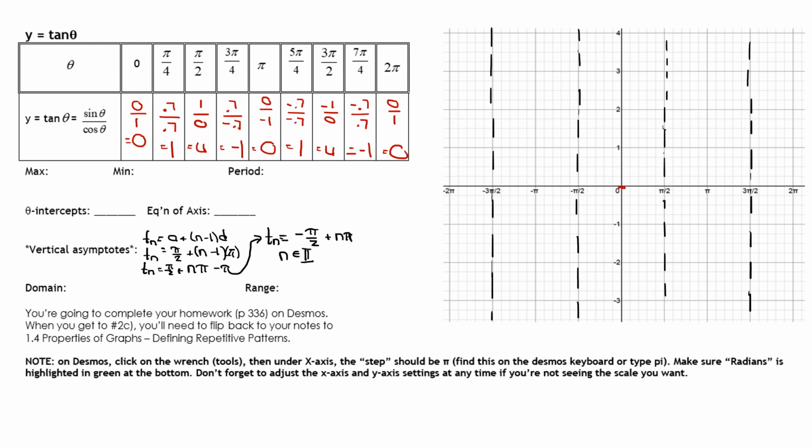The next one on our chart that we have is the asymptote. We already put that on. So we have 0, 0, pi over 4 and 1, pi over 2 and undefined, 3 pi over 4 and negative 1. 3 pi over 4 is halfway between, so it's 3/4. 3/4 is halfway between half and a whole. So 3 pi over 4 and negative 1. So this is looking really strange. I'm going to put a dot right about there.